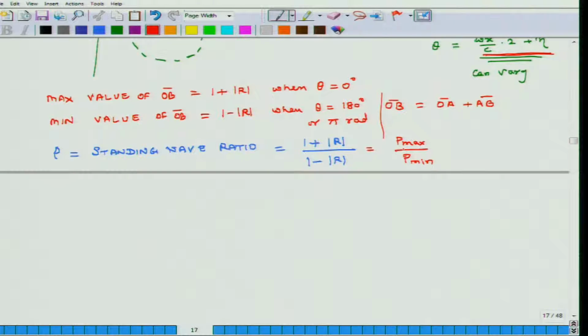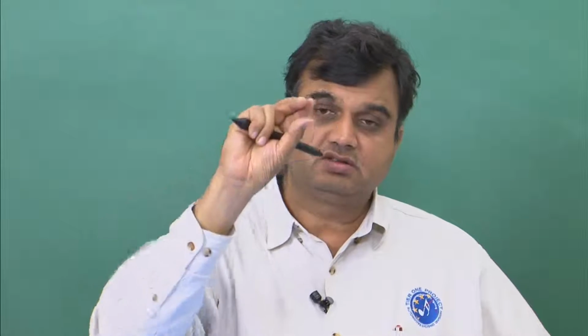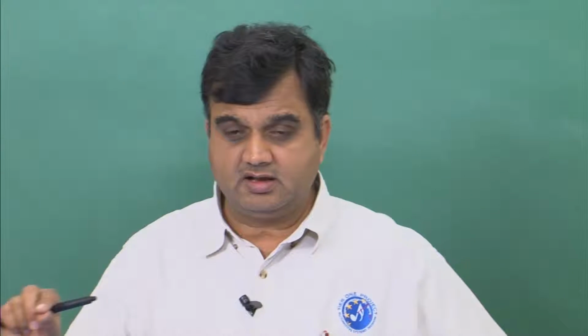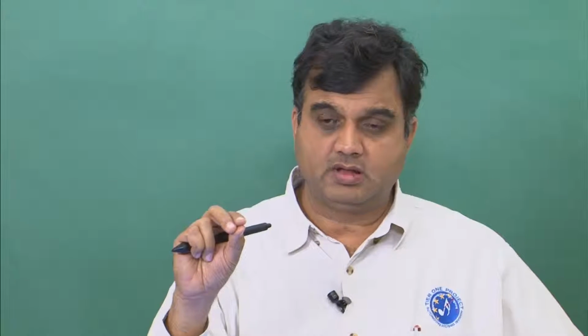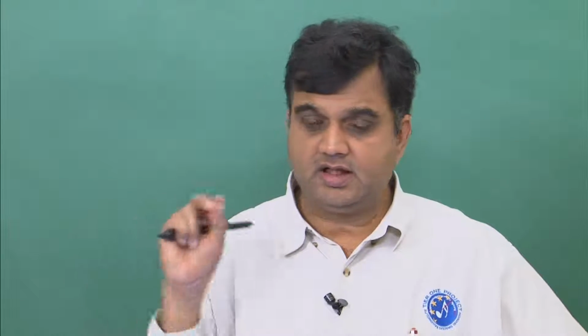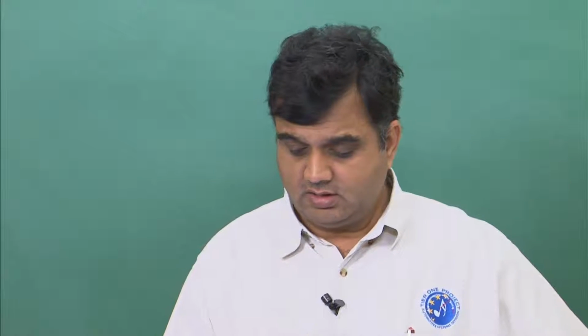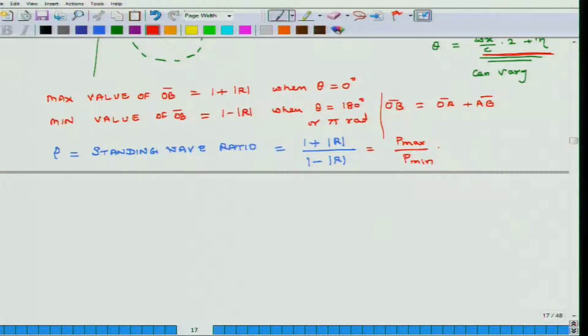So if I am moving the microphone in my tube and I find the value of P max, and let's say that P max is 5 pascals, I write it down. Then I move the mic again, and at some other location I find the value of P is minimum, let's say that value is 2, and I write down that value. In that way I can find the value of rho using this experiment.